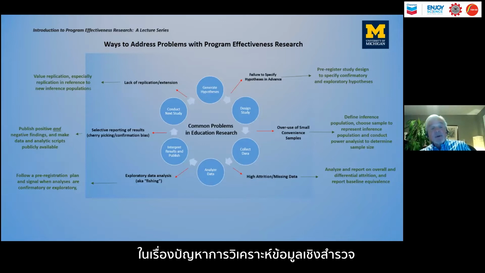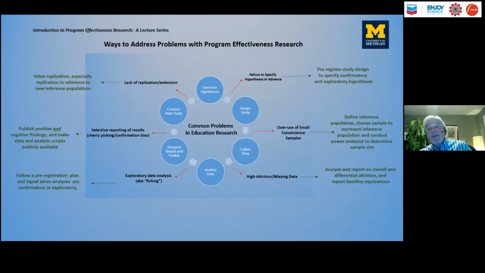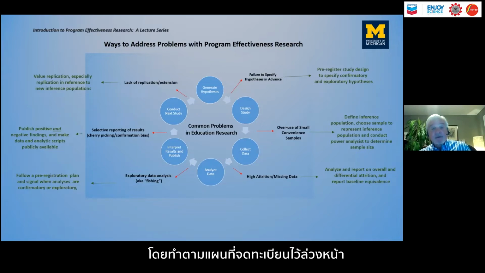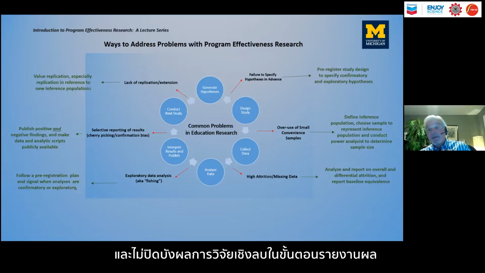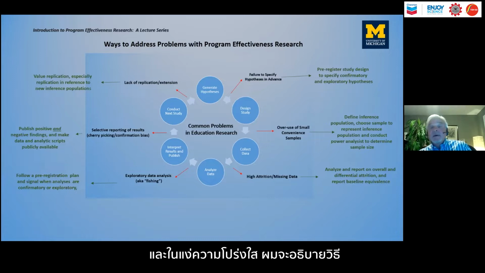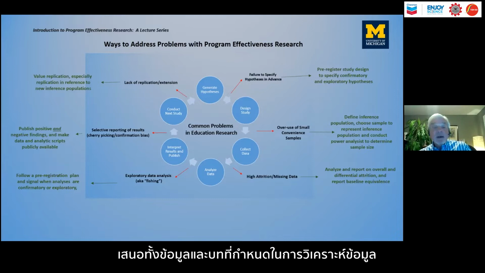On the exploratory data analysis problem, I want to describe how to prevent the kind of fishing for positive results by following a pre-registration plan, and how in the reporting phase not to publish only positive findings and suppress negative findings, and how, as a matter of transparency, to provide the public with both your data and the analytic scripts you use to analyze it.